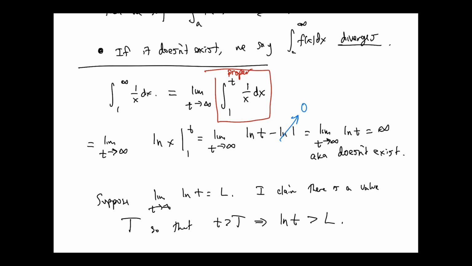Well, you were just in computer science class where you were talking about 6.02 times 10 to the 23rd. Exactly, really big numbers. So if you pick 6 times 10 to the 23rd, I claim that I can find a value of t so that if we're further to the right than that point, then the function log t is bigger than your value. Well, we know it's increasing, but what I'm claiming is that it's increasing and there's no horizontal asymptote.